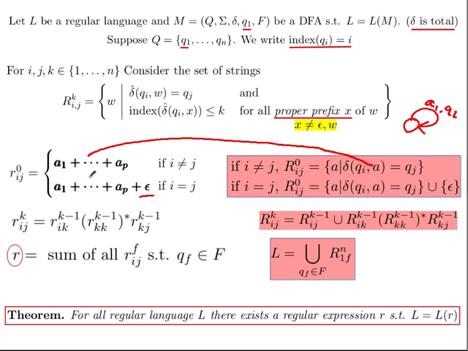Now once we have this, how can we express the next step? This is simple, because we have this plus, not just this plus, R_ij^(k-1).